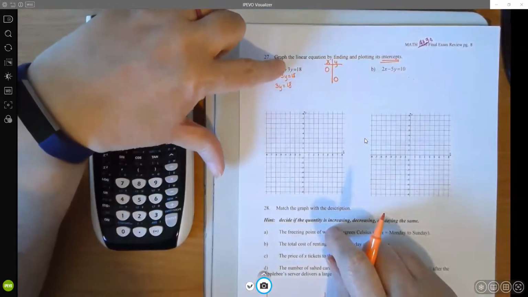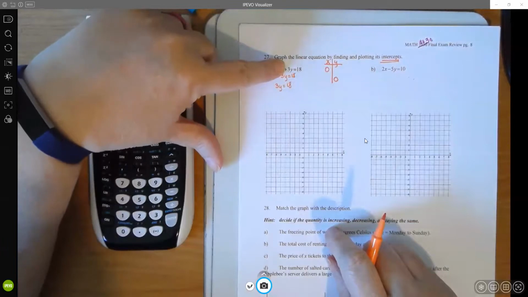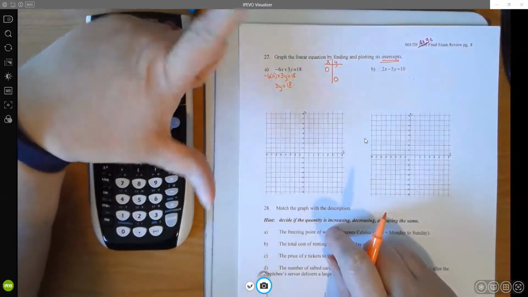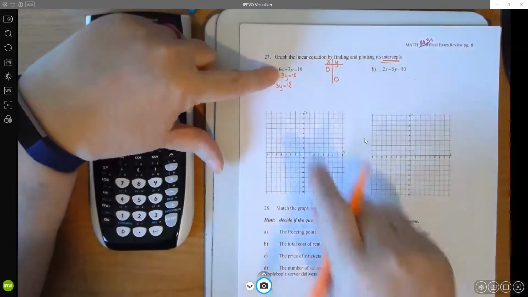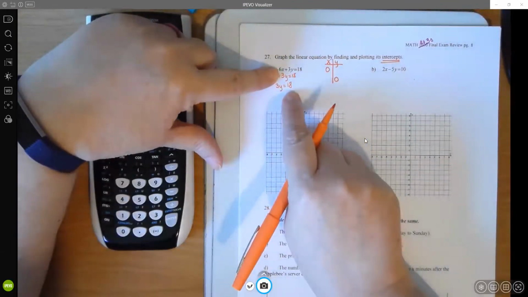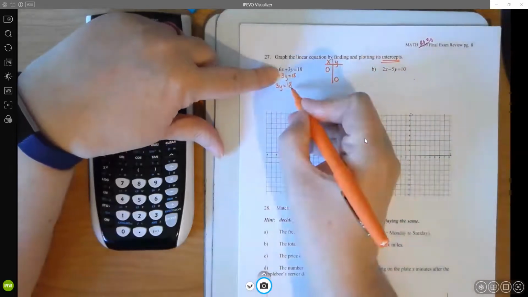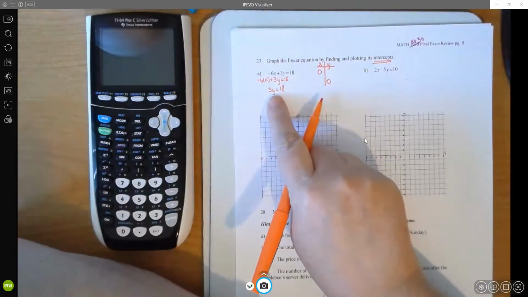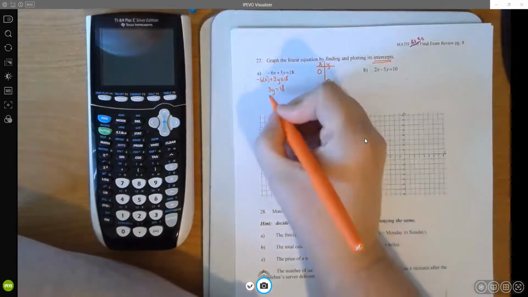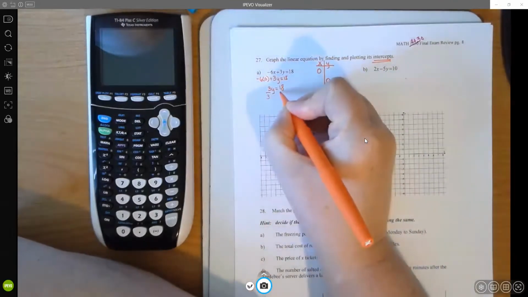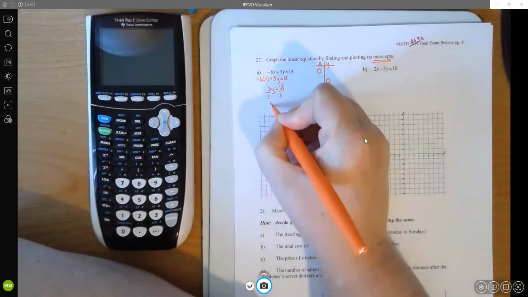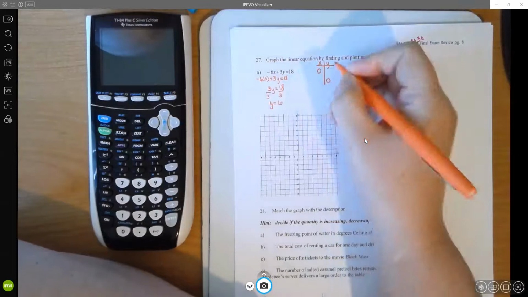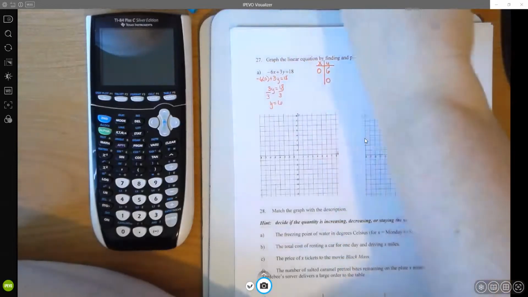She covers up the 6x because the 6x is -6 times 0, it goes away, and we're left with just the 3y equals 18. And that is a simple, one-step equation that we can solve by dividing both sides by 3, giving us y equals 6. So the x is 0, then the y is 6.